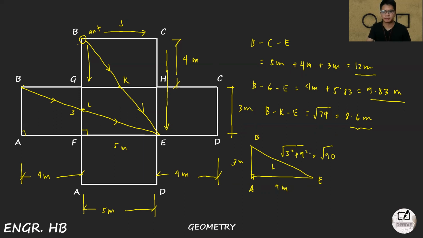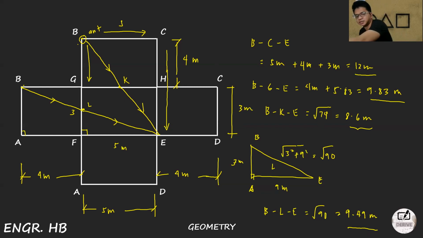So ang BLE is square root of 90. So obviously 90 is greater than 74. So automatically hindi na to mas mababa sa 8.6. Pero kunin pa rin natin yung value. So this will become 9.49 meters.